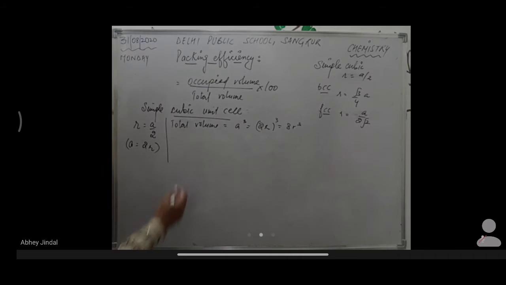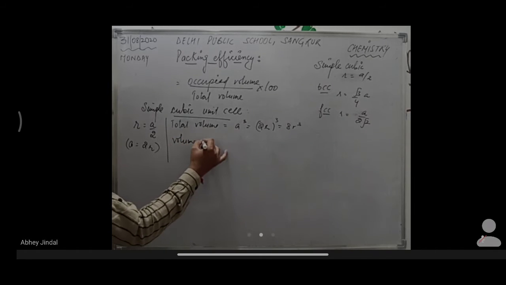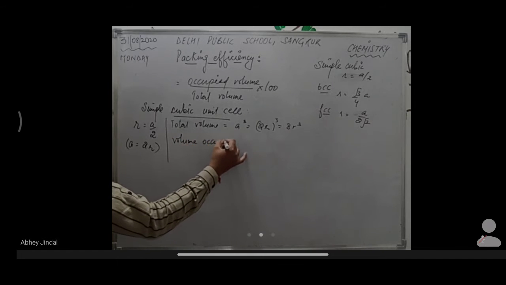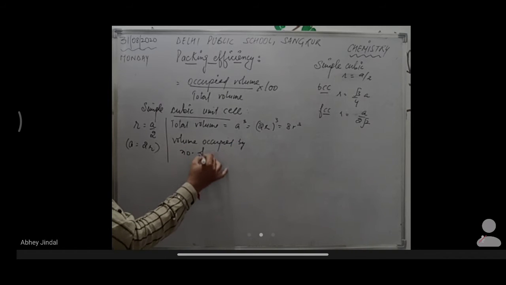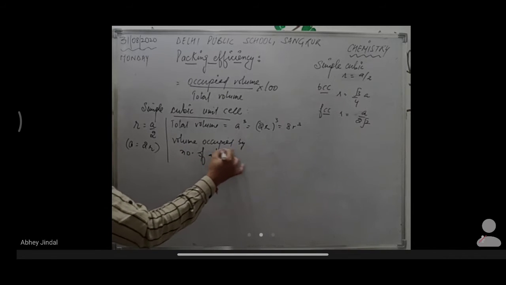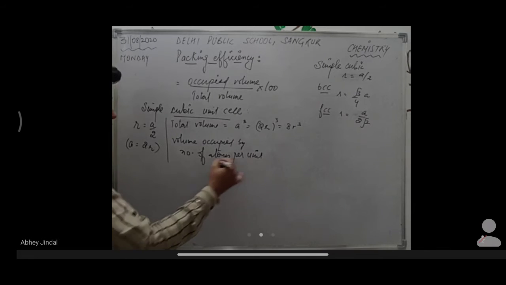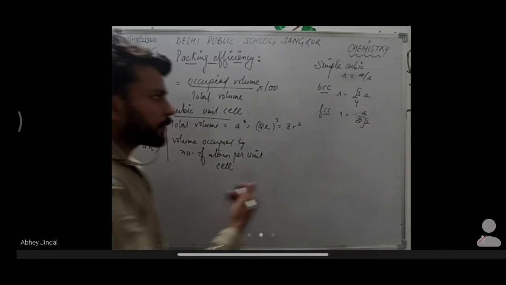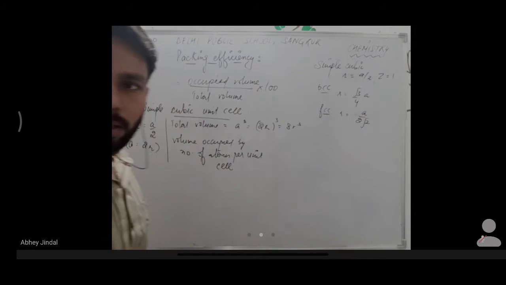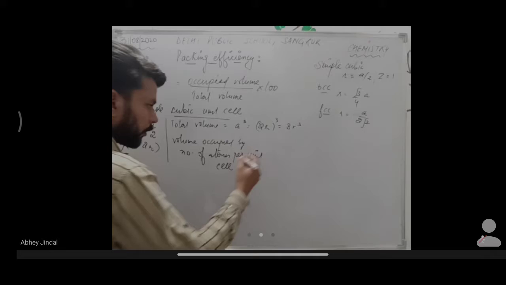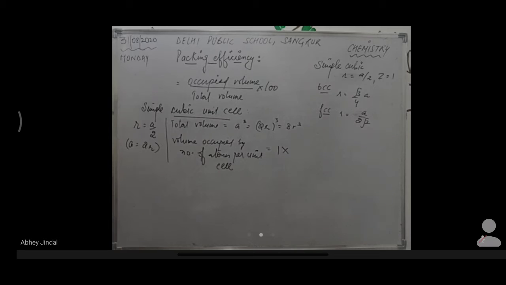Understood? Now, the volume occupied by the number of atoms per unit cell. As we know, for a simple cubic crystal lattice, Z = 1. That is, there is 1 atom per unit cell overall. So 1 into, and we know that an atom is considered spherical in shape.